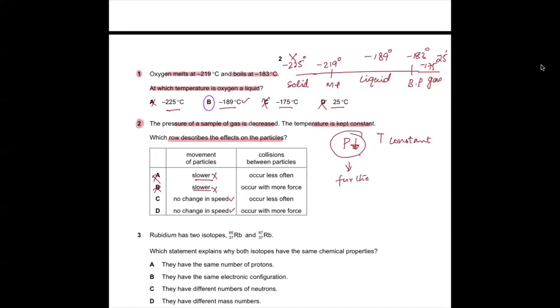When they are further away, they are going to collide less often. They are not going to collide with more force because the temperature is the same. So we have excluded D as well, and C is the correct answer.